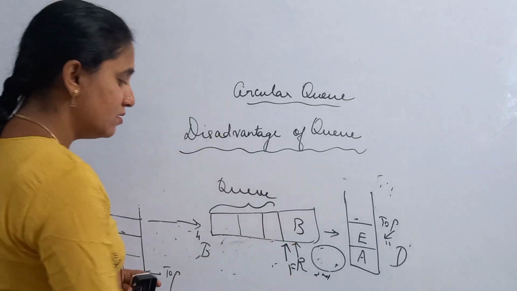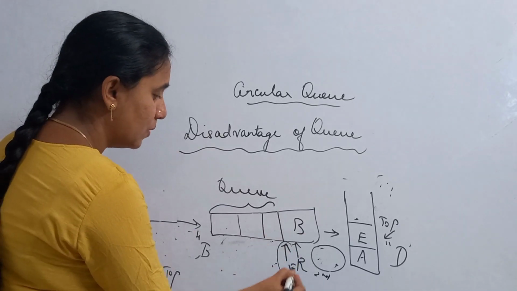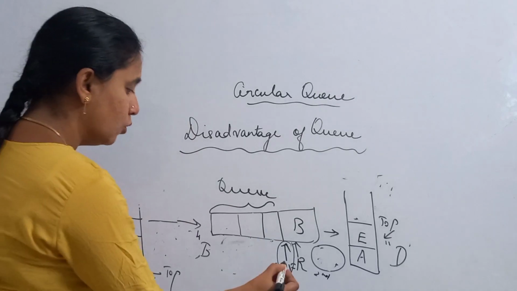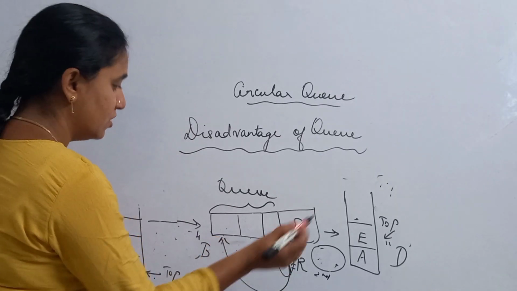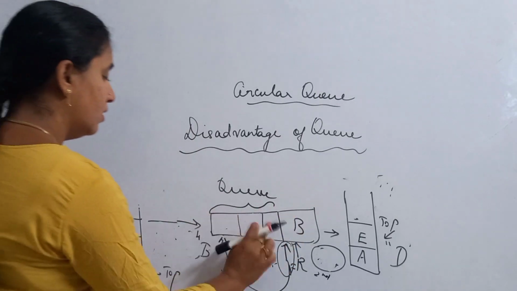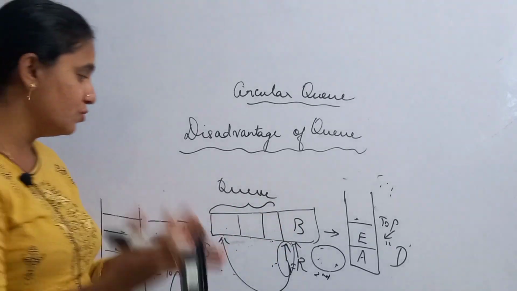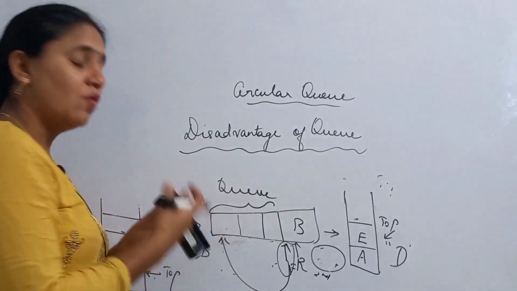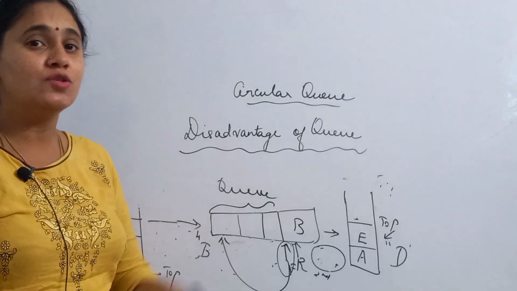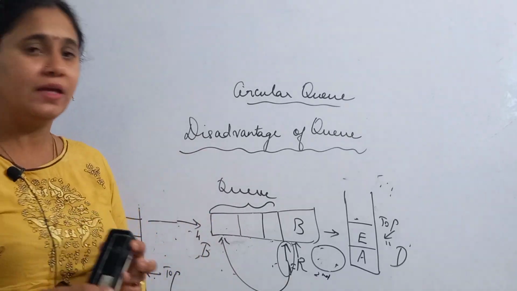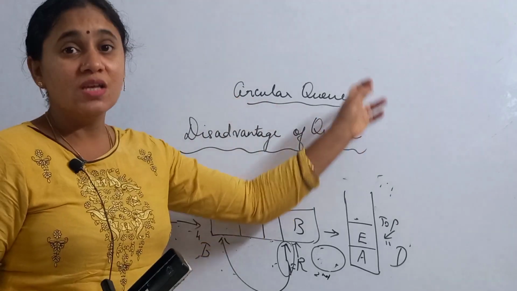The meaning is we are going to use the front pointer once again to point to this location, so we are not wasting the memory spaces, right? So we are going to use a circular queue.